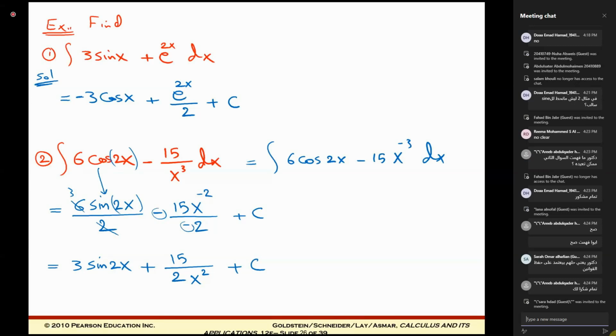Now also we can solve the definite integral.